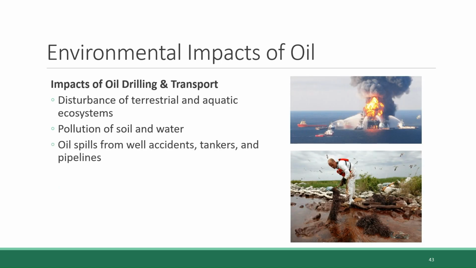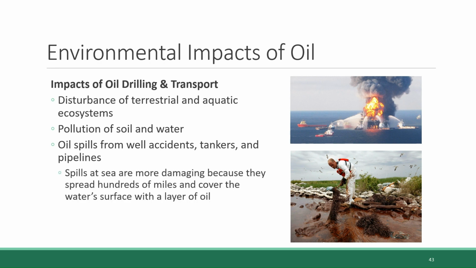Oil spills can originate from accidents at wells, with tankers, or with pipelines. Spills that occur at sea are more damaging than ones on land because the water disperses the oil very efficiently. So oil spills are more difficult to contain, and they can spread hundreds of miles and cover the water surface with a layer of oil that is very harmful to marine organisms.